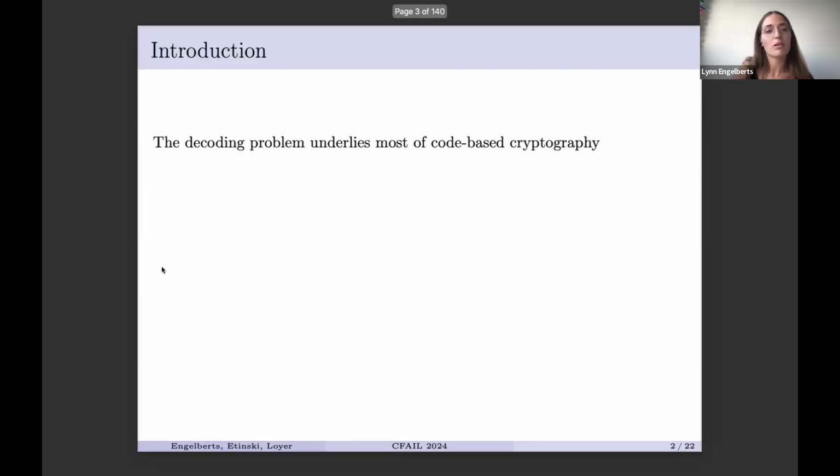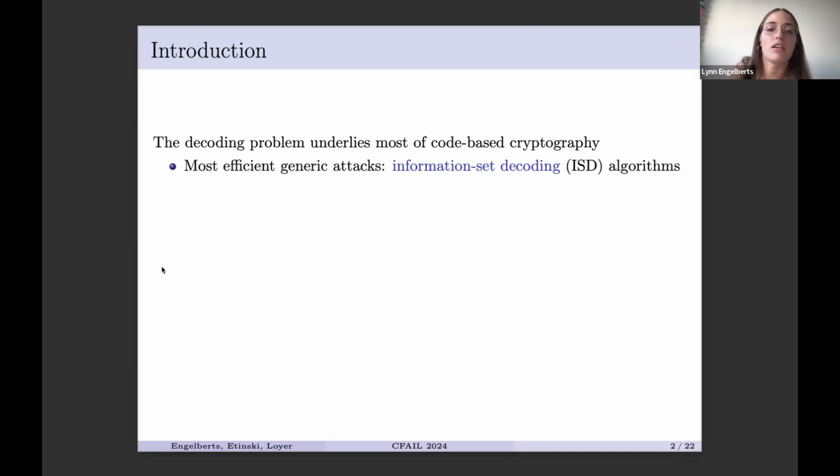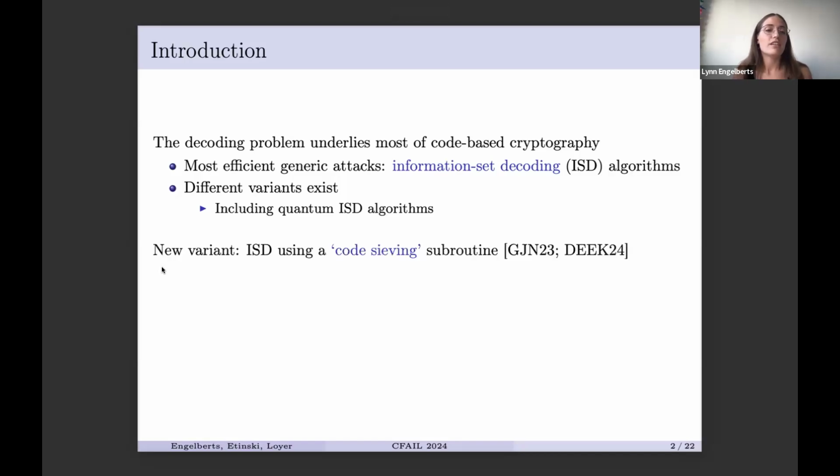The decoding problem underlies most of code-based cryptography, as you may know. The most efficient generic attacks for this problem are information set decoding algorithms, or ISD. With generic here, I mean that these attacks hold for any set of parameters instead of for a specific parameter set. Different variants of ISD algorithms exist, and in particular, there are quantum ISD algorithms. Recently, a new variant was introduced by Guo et al., which was ISD using a code sieving subroutine.